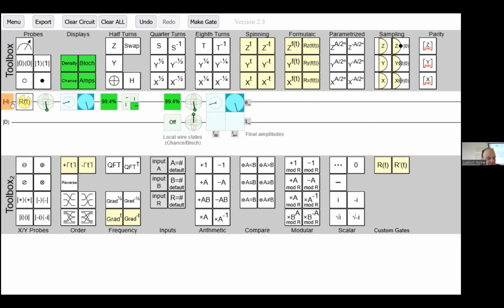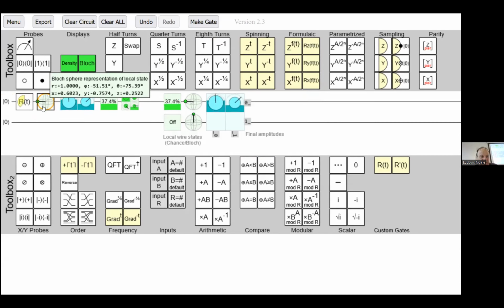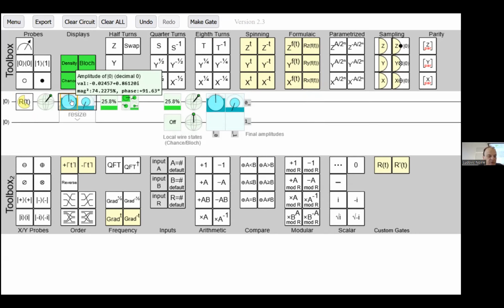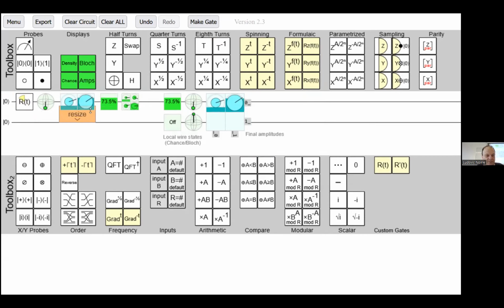And when you have something random, you see the dephasing and the amplitude move in such a way that the sum of the squares of the amplitudes is equal to 1.